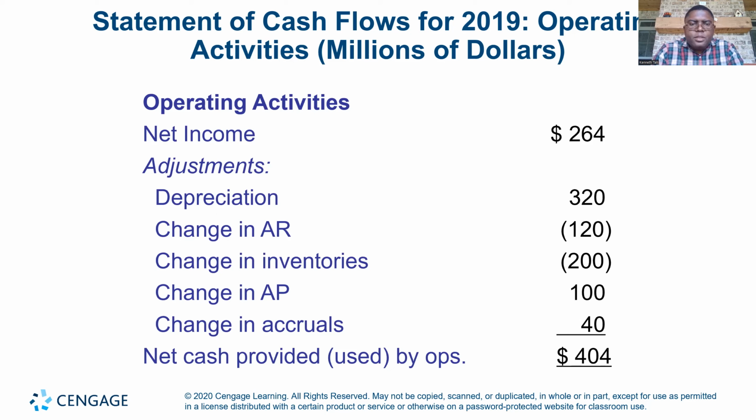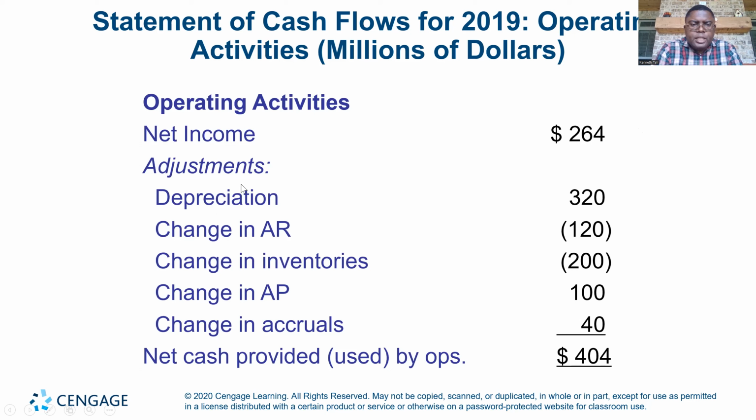So let's look at the first, which is operating activities. For operating activities, we basically have the net income, which for the year 2019 stands at 264 million.